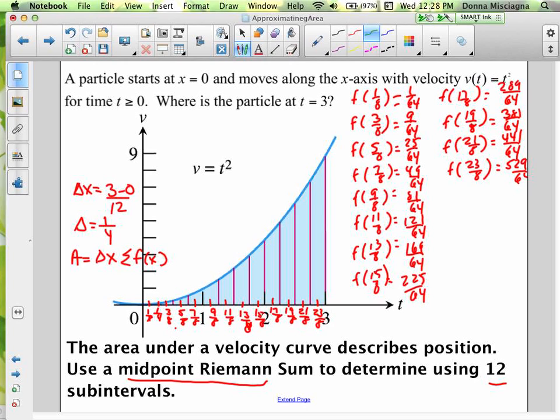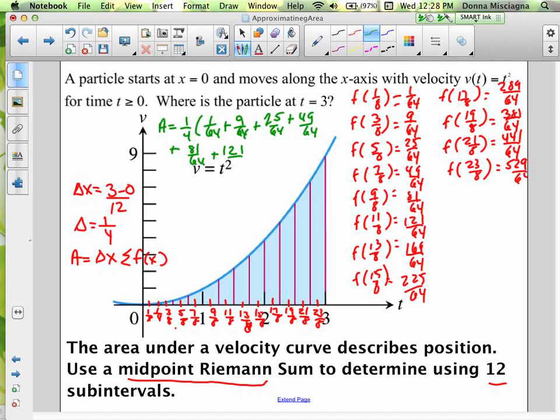So our area is going to be 1/4 times 1/64 plus 9/64 plus 25/64 plus 49/64 plus 81/64 plus 121/64.